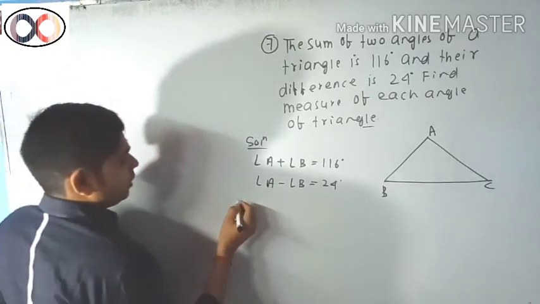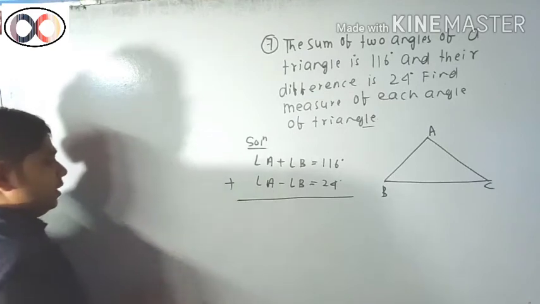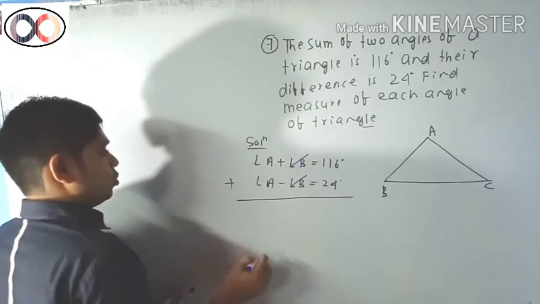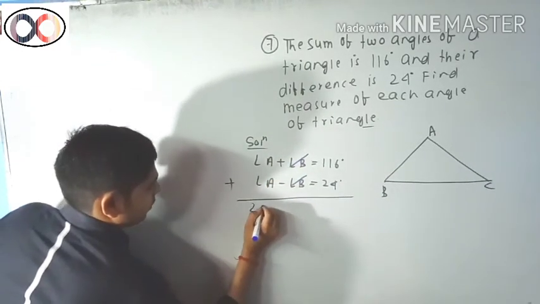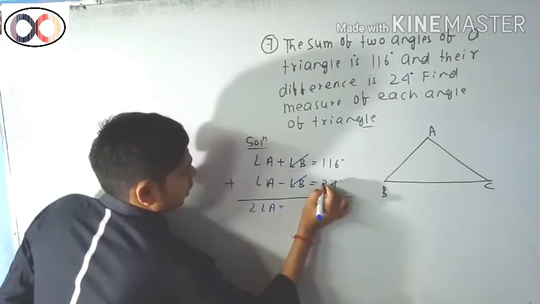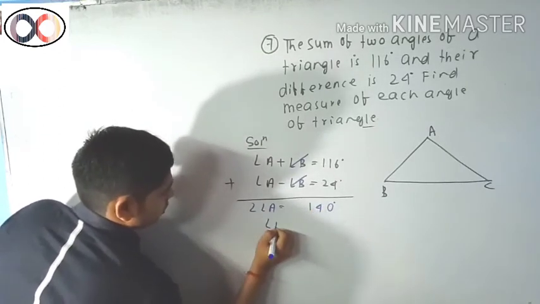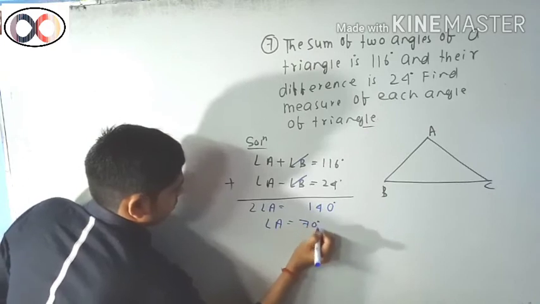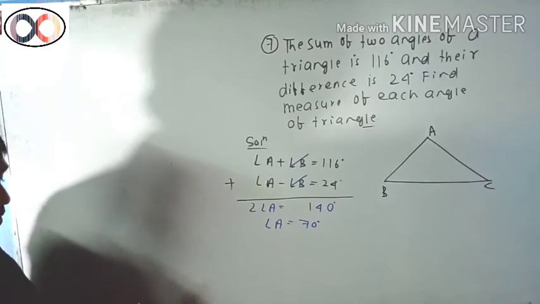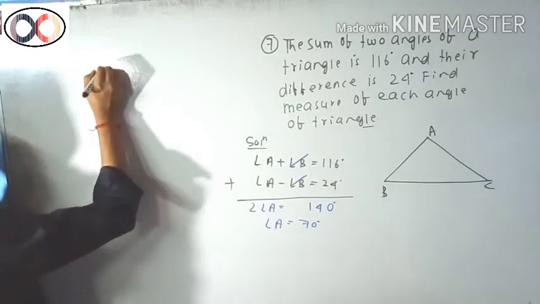So if we add them, B will be cancelled. We can write twice angle A equals 140, so angle A equals 70 degrees. Now you can put the value of angle A in here.